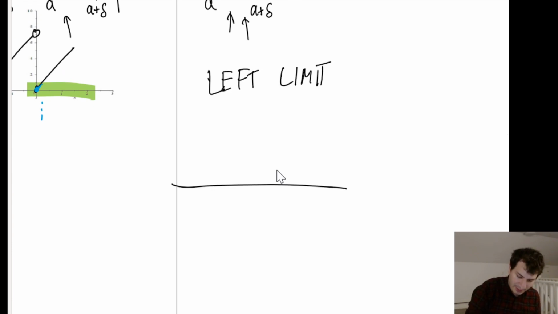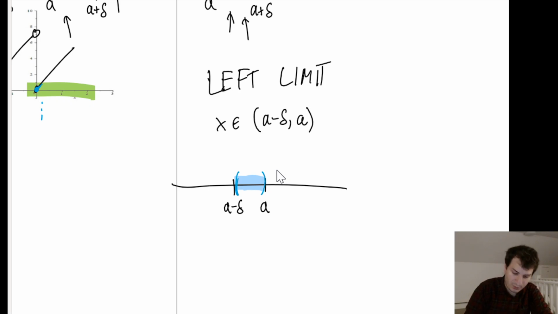And we're going to have on the number line a to a - delta. We want all those points, not including a or a - delta. So it's this interval. So that's x in (a - delta, a), or as an inequality, a - delta < x < a, or -delta < x - a < 0.